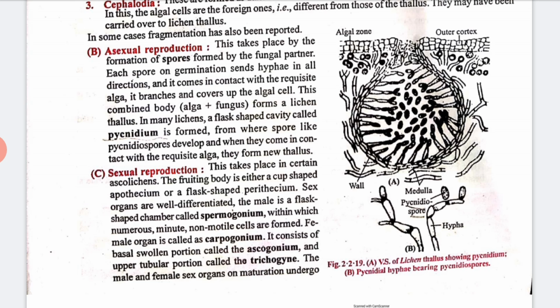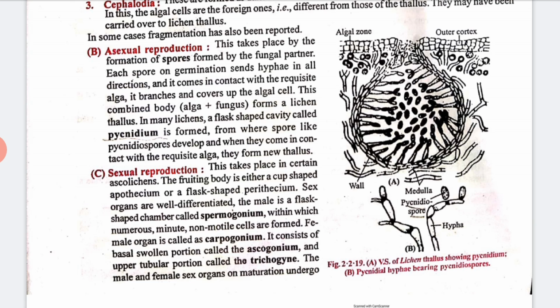Now, sexual reproduction. It takes place in certain Ascolichens, and the fruiting body is either cup shaped, called apothecium, or flask shaped, that is perithecium. The sex organs are well differentiated. The male organ is a flask shaped chamber called spermogonium, within which numerous minute, non-motile cells are formed. The female organ is called carpogonium.